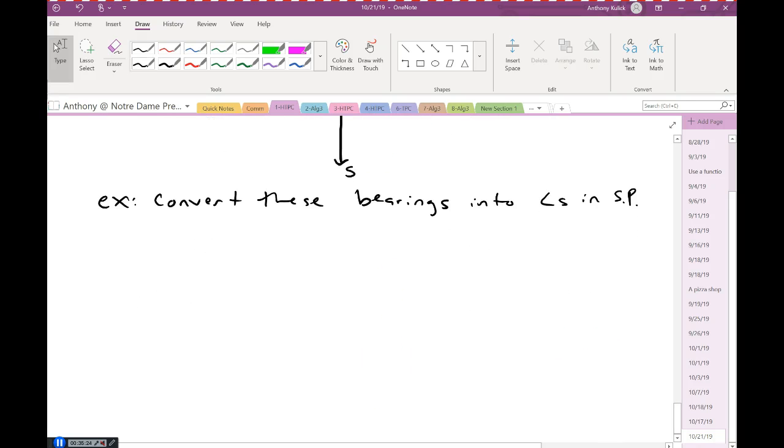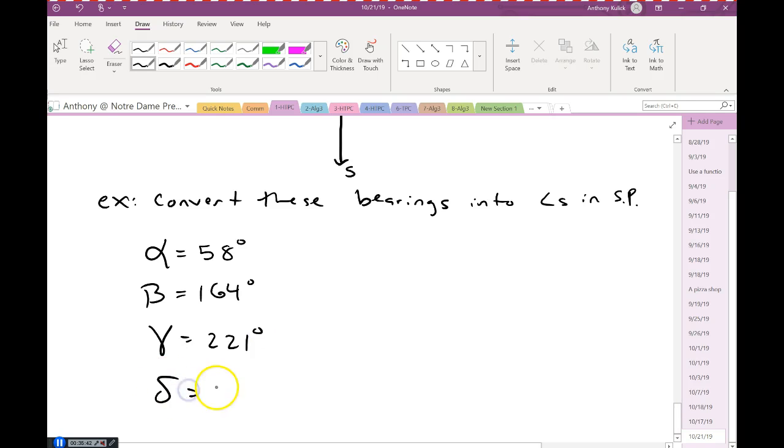So let's do a little bit of practice here. I'm going to write down a couple of bearings. SP is just standard position.